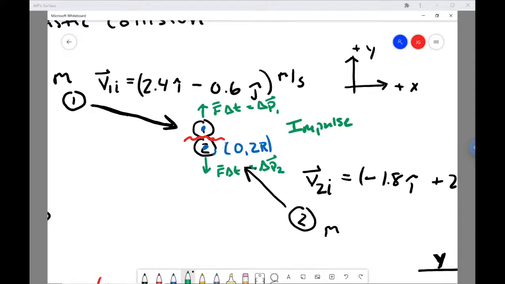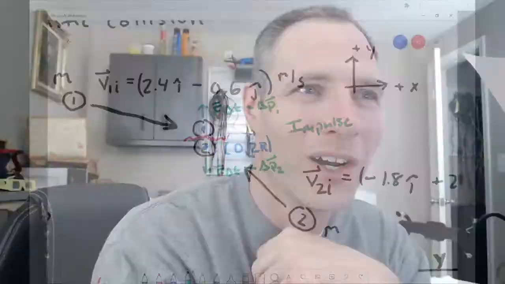All right, so this impulse is a vector quantity. And what this is telling us is that the nature of this collision, where they're stacked one on top of each other, means that that vector quantity, impulse, has no horizontal component. There's only a vertical component.